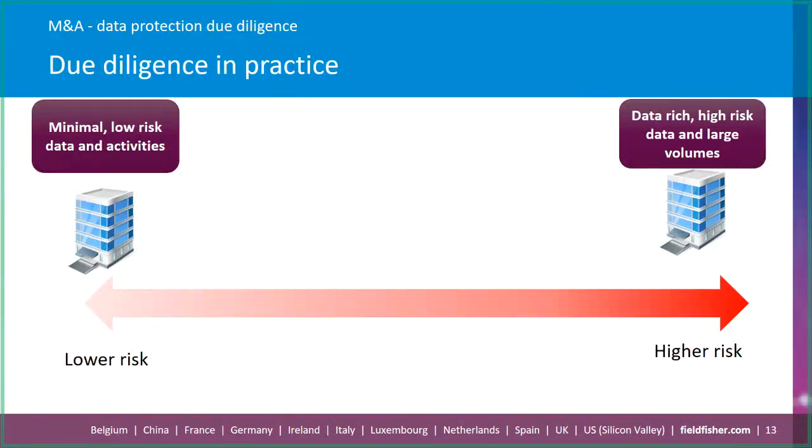What is there? What is it that you're going to be buying? What are the risks associated with it? And your due diligence process, as a result, is going to have to be much more thorough and much more careful and resource intensive. So one size fits all doesn't work here. It's about the nature of the target and also the value of the data to the business in question.